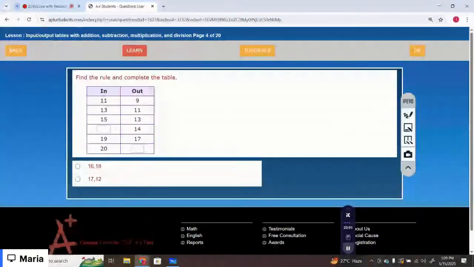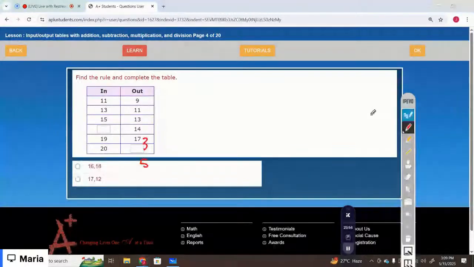Find a rule and complete the table. 11 minus 2 is 9. 13 minus 2 is 11. 15 minus 2 is 13. And 16 minus 2 is 14.